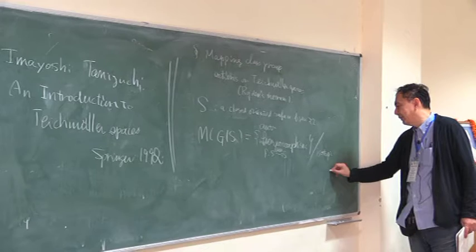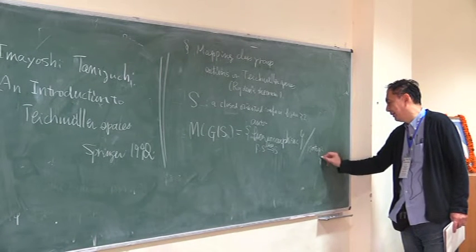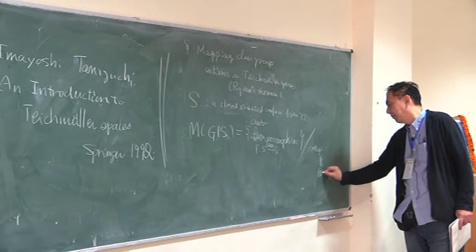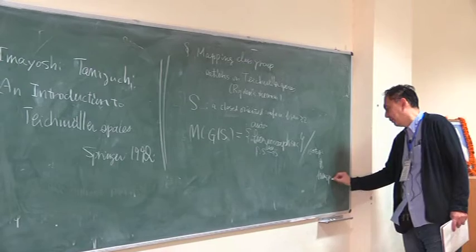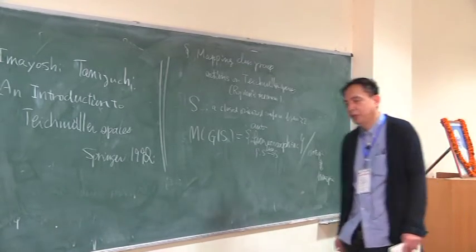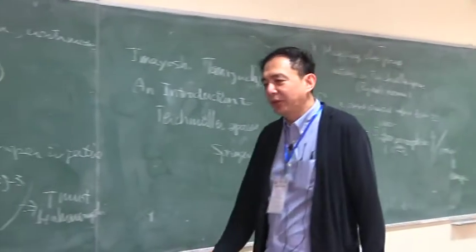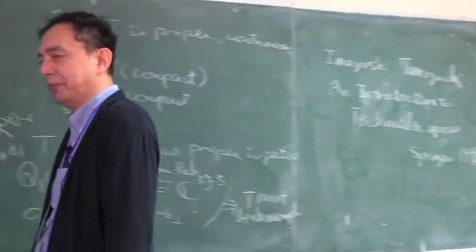As I said yesterday, this is the same as homotopic. If two homeomorphisms are homotopic, then they are isotopic also.